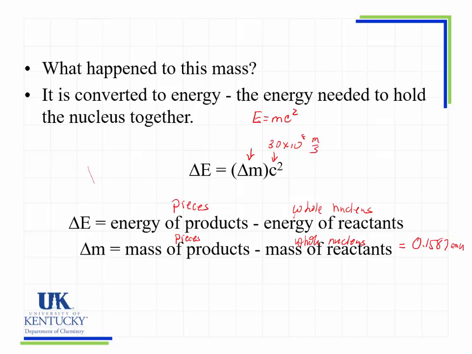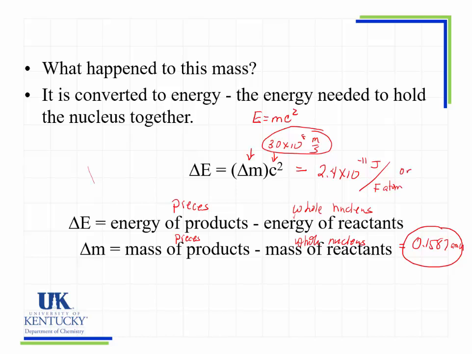Now, I went ahead and did the work on this, and I not only put in these values, my 0.1587 and my speed of light, but I also did some unit conversion, and I ended up for a single atom to have an energy defect of 2.4 times 10 to the minus 11 joules per fluorine atom.